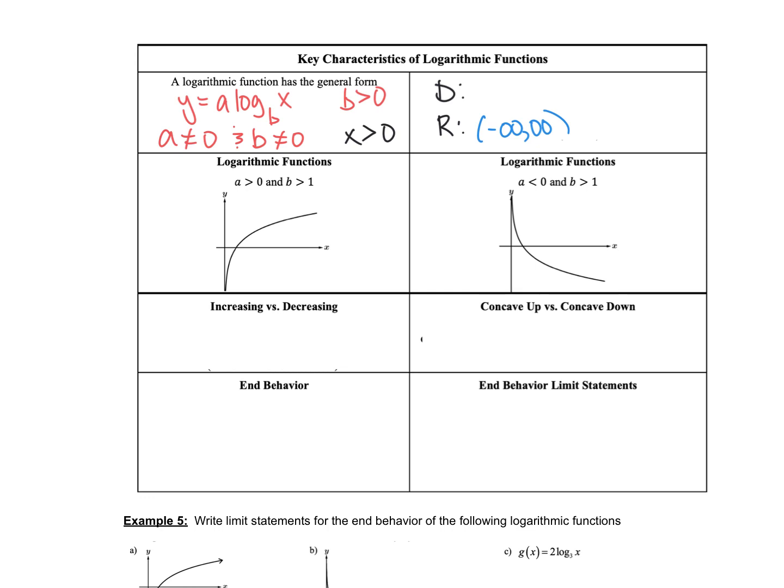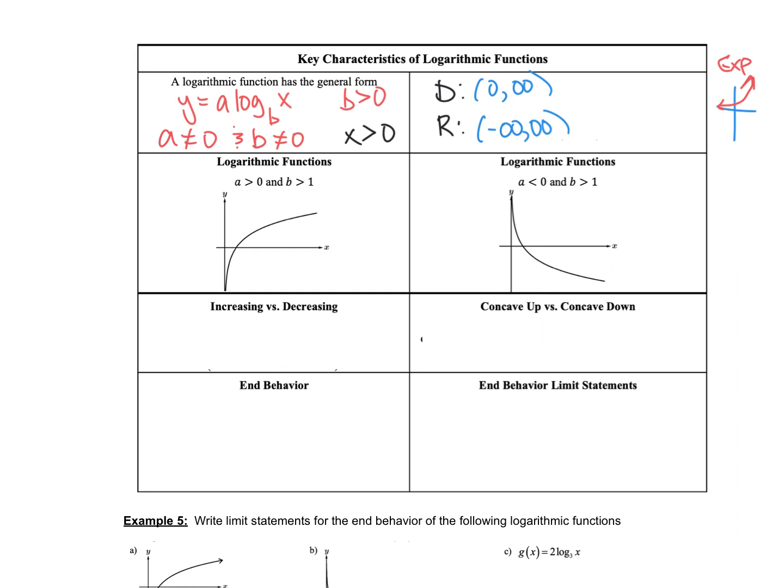I'm pulling that as the opposite from my exponential function. If this is my exponential, and I'm trying to switch everything, what would my range be on that? 0 to infinity. That's going to match the domain of my logarithmic function. So my domain is going to be 0 to infinity.